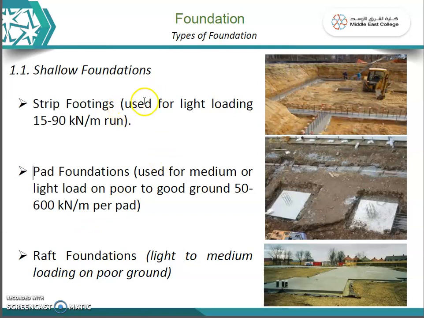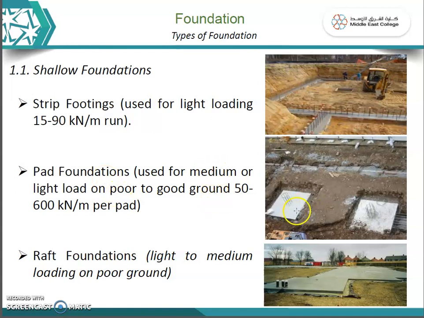Strip footings are generally used for light loading, where the intensity of the load is between 15 to 90 kilonewton per meter run. Pad foundations are generally used for medium or light load on poor ground to good ground.